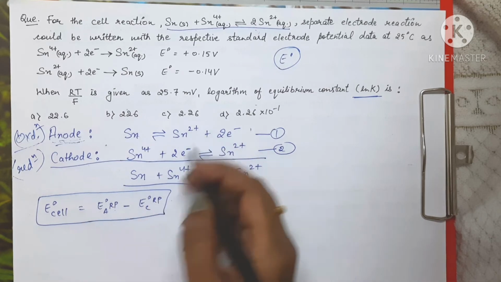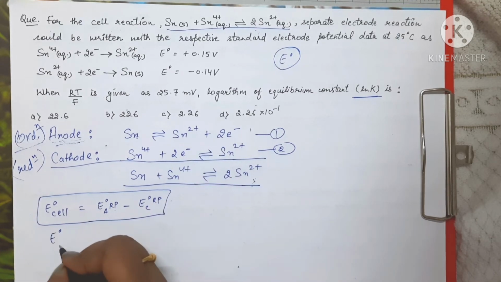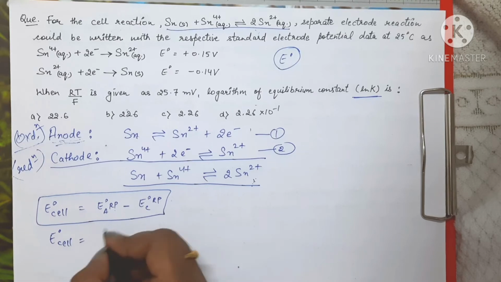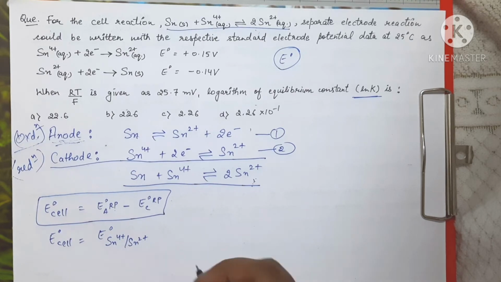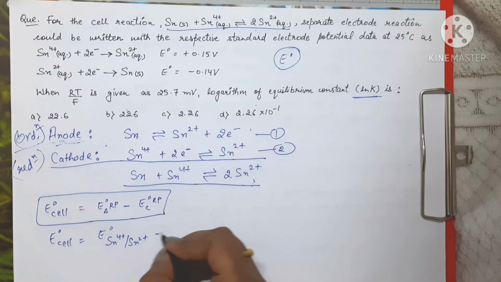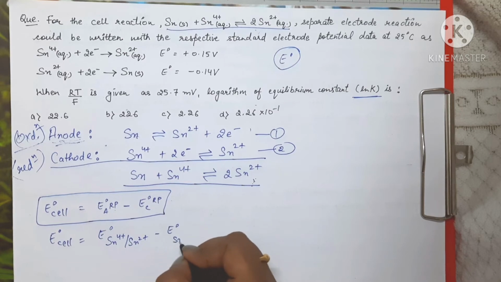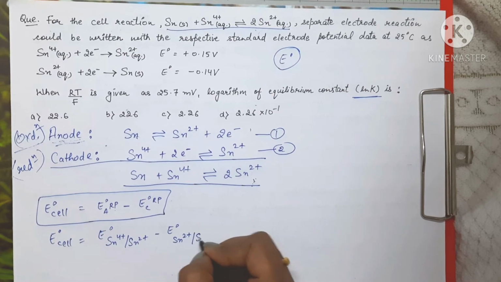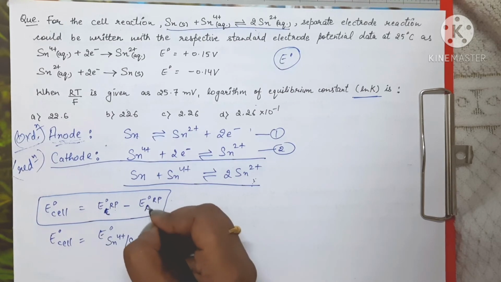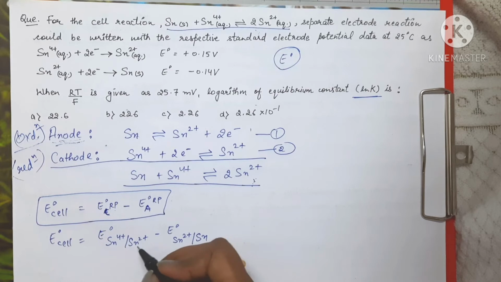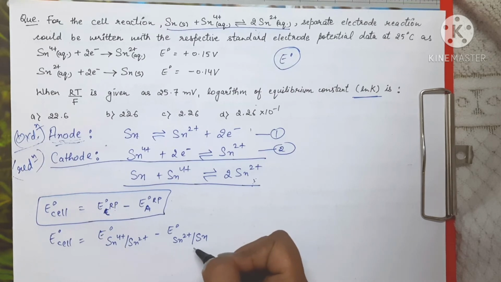Now in this case, the E naught of cell will be E naught of Sn4 positive to Sn2 positive, minus E naught of Sn2 positive to Sn. This is cathode and this is anode, right? First cathode appears and then anode appears.